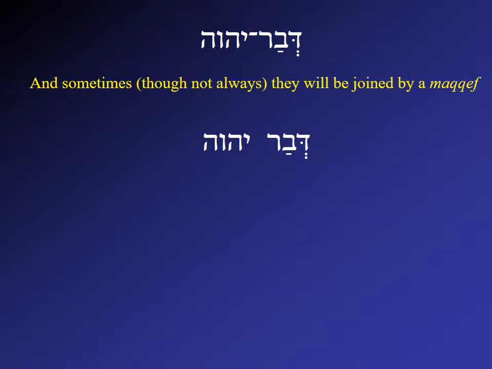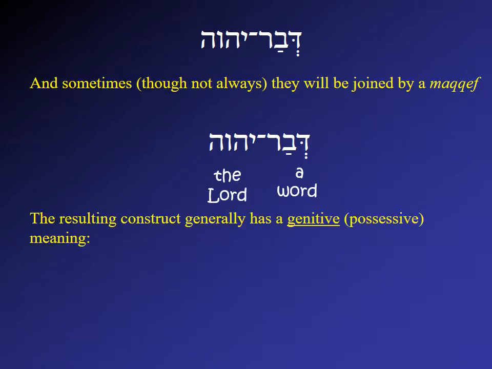Sometimes, as in our case, but not always, words in a construct chain are joined by makef. This is not consistent enough that you should rely on it as a marker. And frequently, construct chains will occur with no makef. So this one is particularly well marked, but you wouldn't want to rely on that indicator.